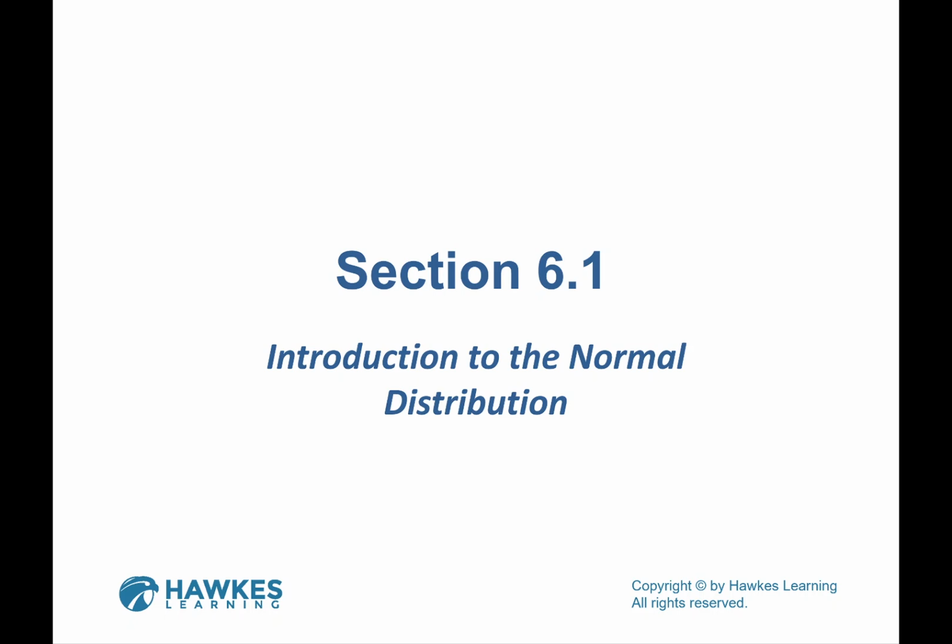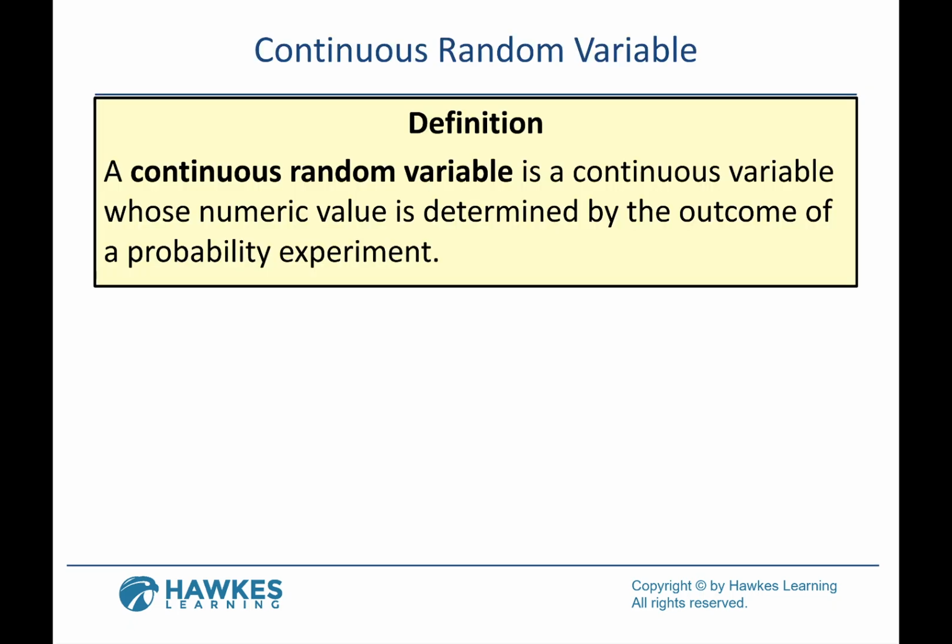So we have discrete data we're working with there. With the normal distribution, that is not the case. With the normal distribution that we're going to learn about in this section, we're dealing with continuous data. So our variable now is not a discrete random variable, it's a continuous random variable. Same idea, just different type of data.